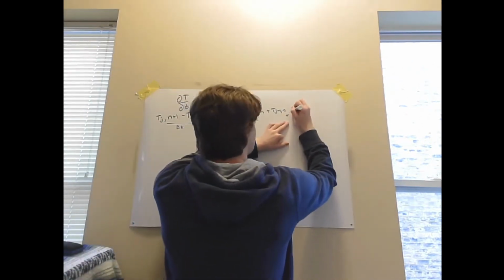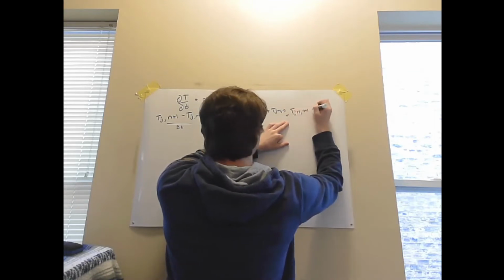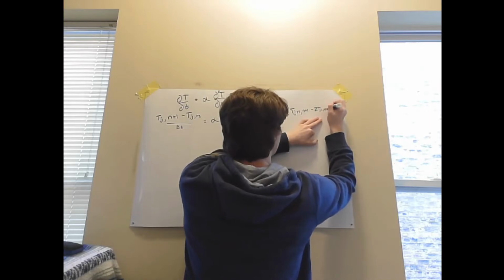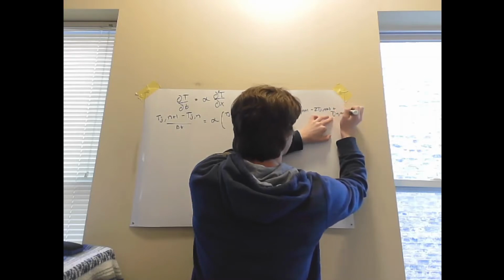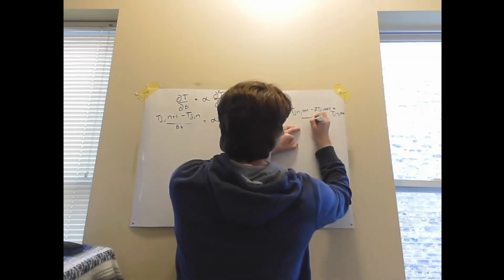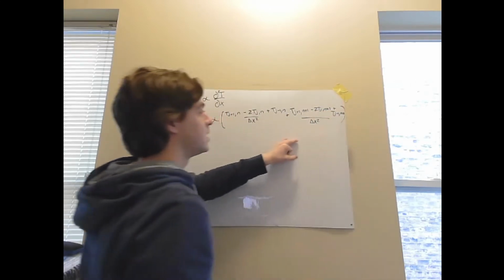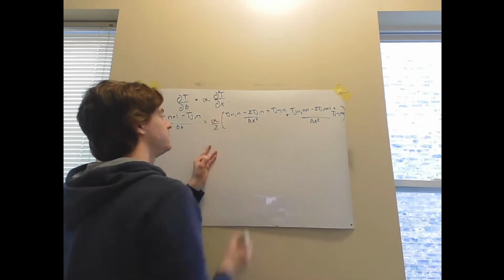So it's going to be T j plus 1 at n plus 1 now, minus 2 Tj at n plus 1, plus Tj minus 1 at n plus 1. And this is still over delta x squared. And now since we're taking the average of these, we just need to divide by 2.